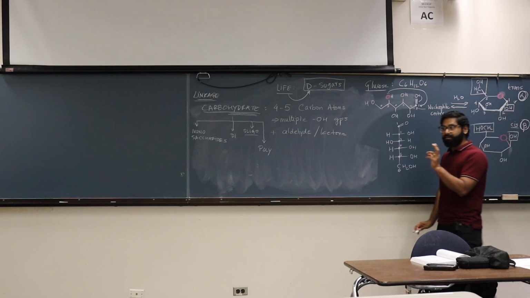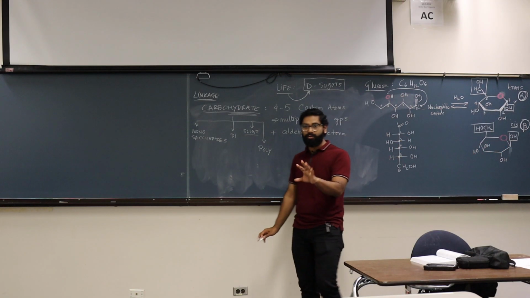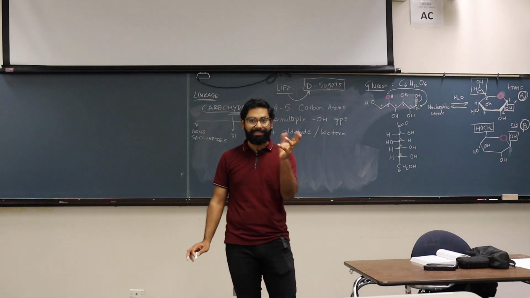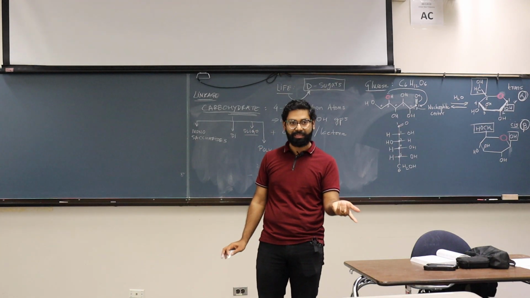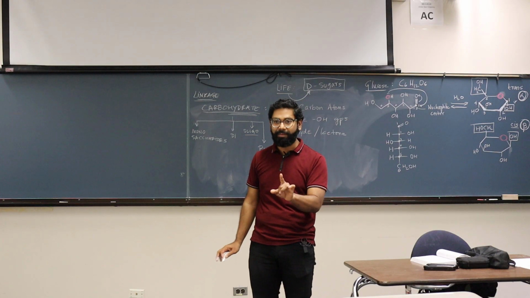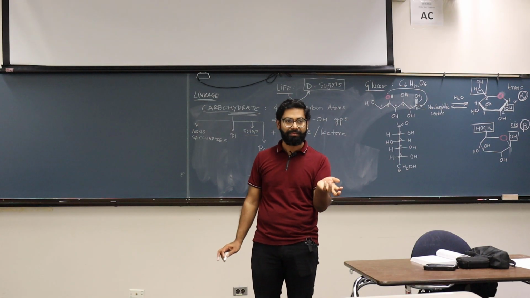What is different from the amino acids is this. Amino acids, there are 20 essential amino acids for life, as we discussed in the last class. One of them is optically inactive. What's the name of that?